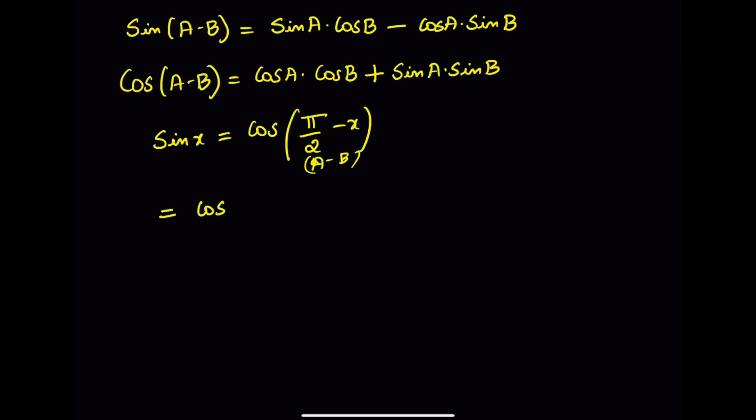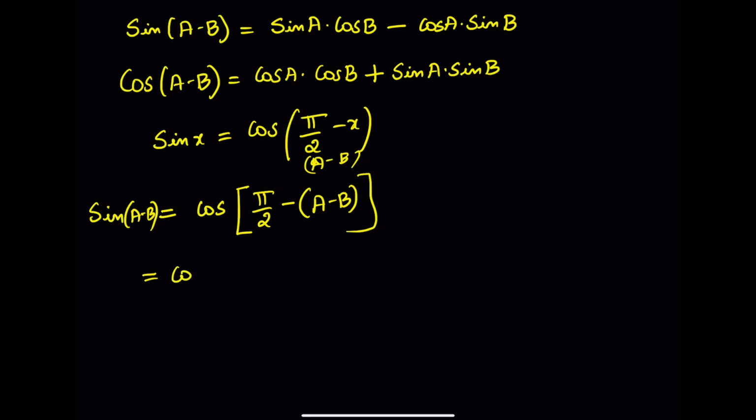We want to check sin of a minus b. So this will be cos of pi by 2 minus of a minus b. Correct?